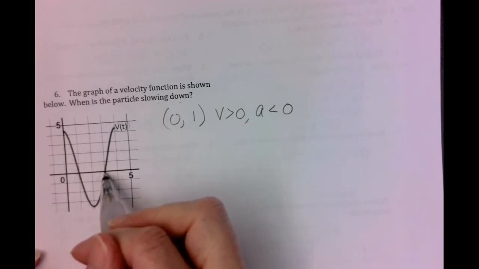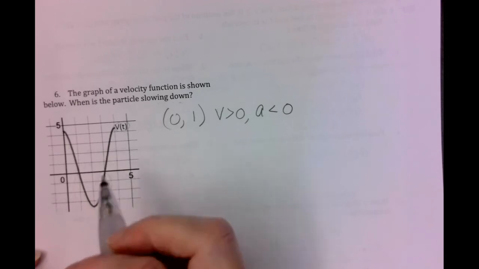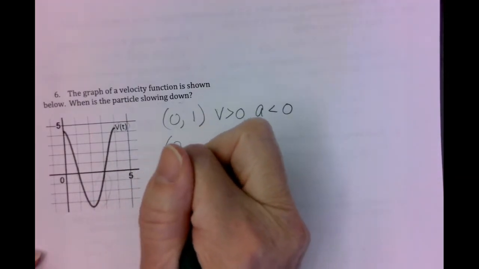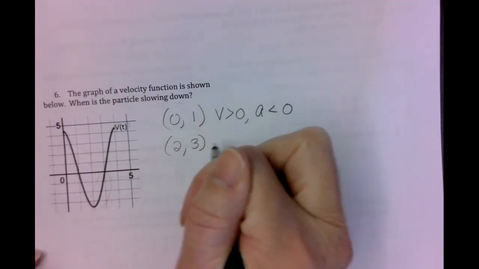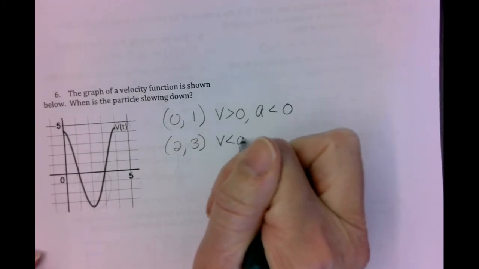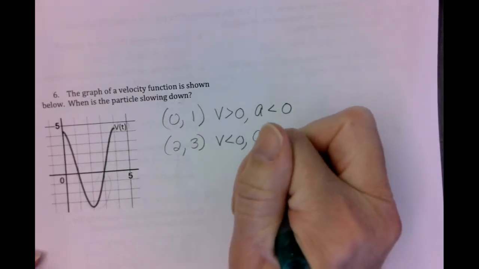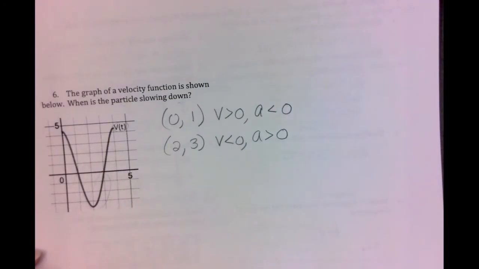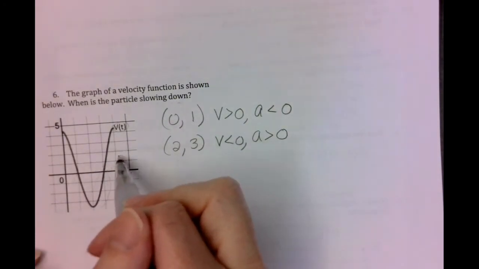So from 2 until 3, the velocity is less than 0, but the acceleration is greater than 0, having opposite signs. And then above, it's a positive amount because I'm above, and then it's increasing, so the acceleration would be positive.